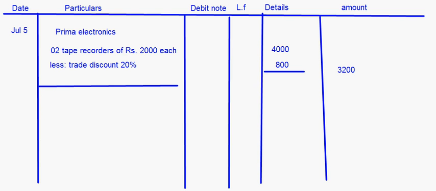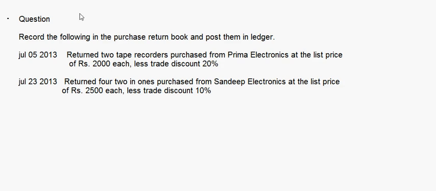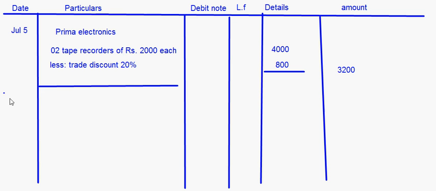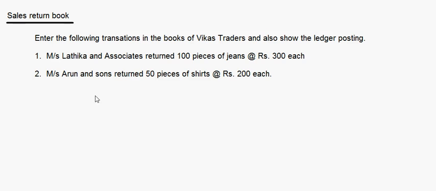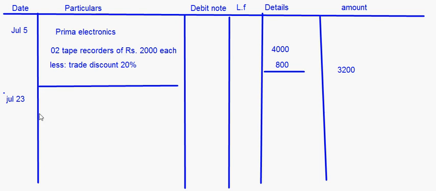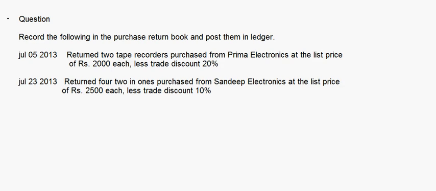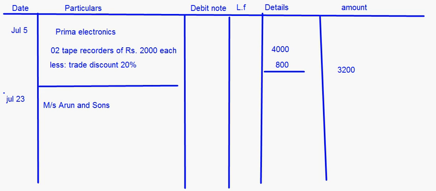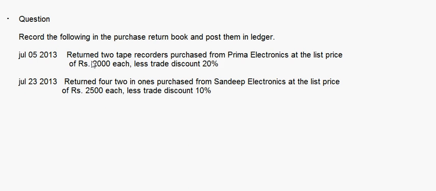And then you will have the next one, which is July 23rd. So here you will write the date as July 23rd, and Messrs. Arun and Sons, so here the company name comes. Oh, sorry, I think I took out the wrong thing. Yeah, 1 minute, it's not Arun and Sons here, it's this one.